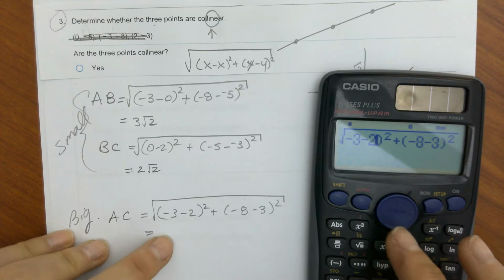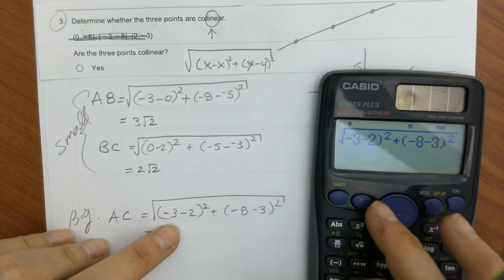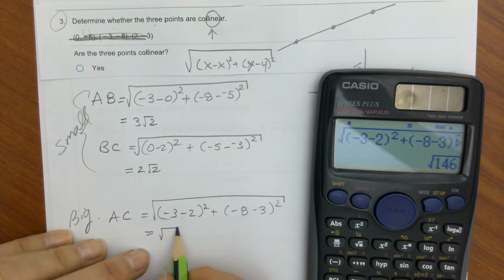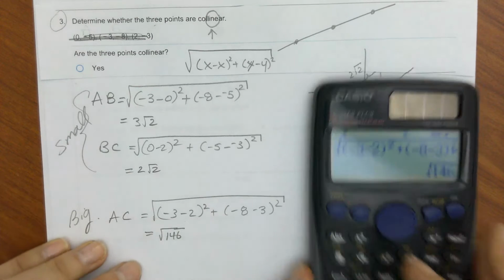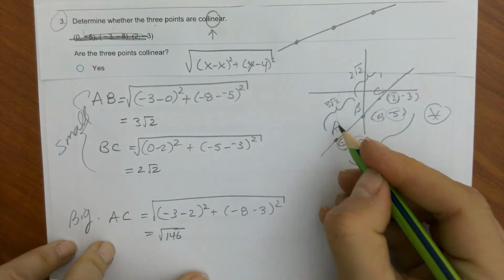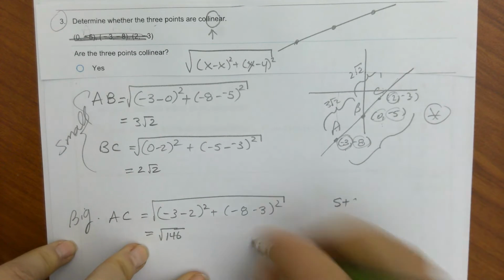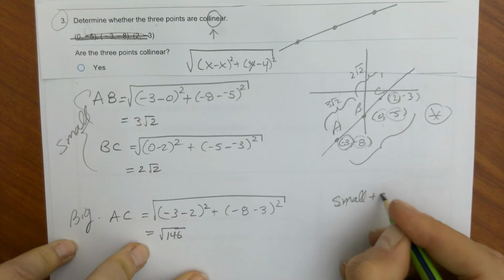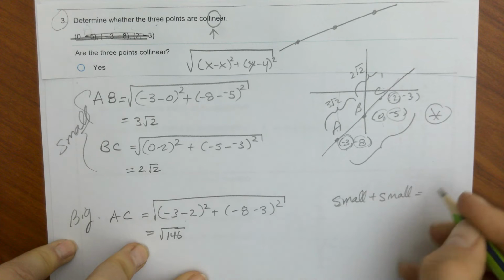Oops, I did something wrong. -3, oh, I forgot my brackets. Whoa. Okay, so now I have to check if my small piece plus my small piece is equal to the big piece.